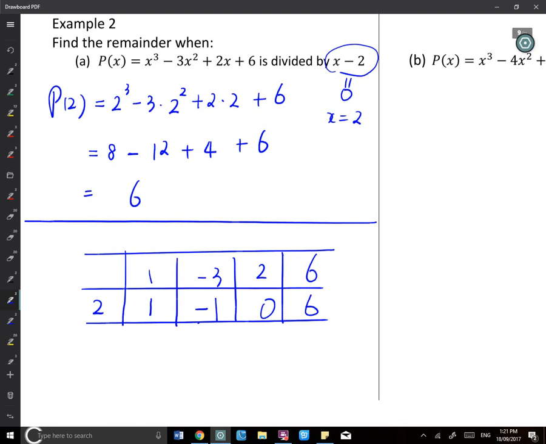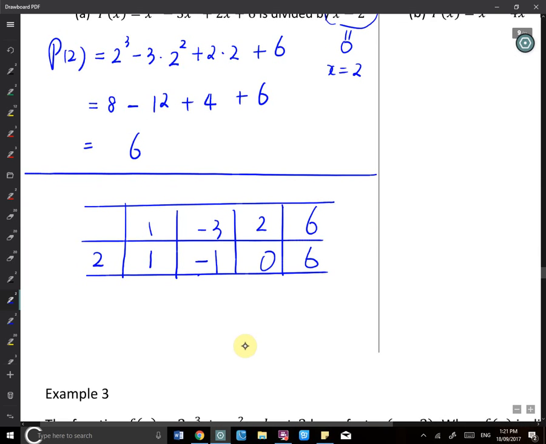And you have both the remainder and the Q(x). So P(x) can be written as x minus 2, times x squared minus x plus 0, and then plus 6. You have a plus 0 inside, but you don't need to write that.